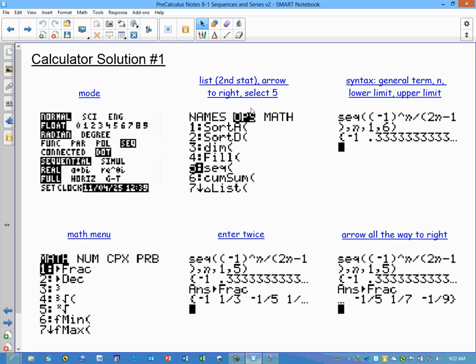We're going to arrow to the right, so we're at operations. And we're going to select number 5, which is sequence. The syntax for the sequence is our general term, then the variable you're indexing, then the lower limit, then the upper limit. So once you put those in and hit enter, you'll get a bunch of decimals. But then if you go to math and Answer to Fraction, it's going to change them to fractions.